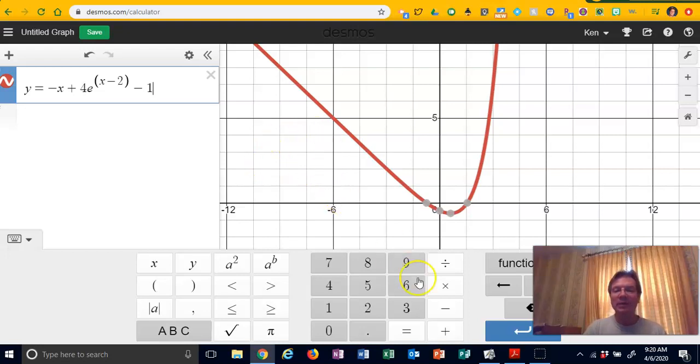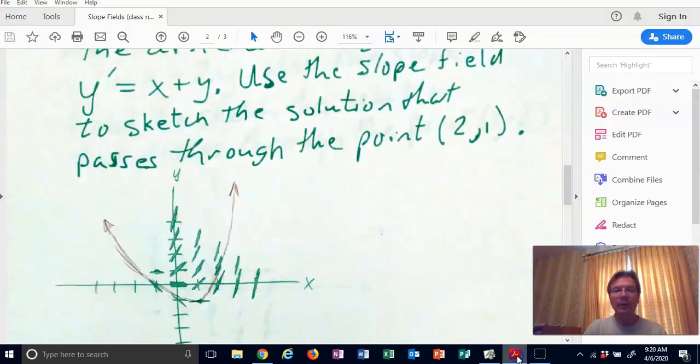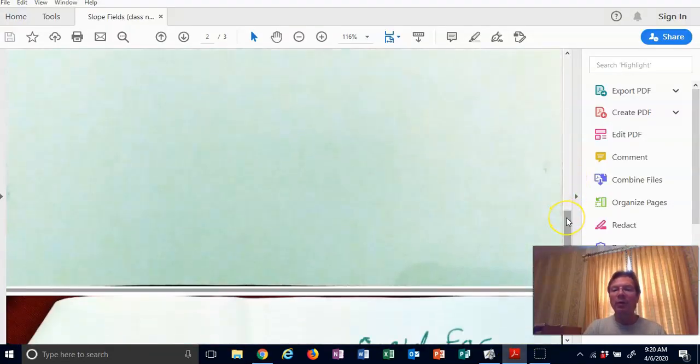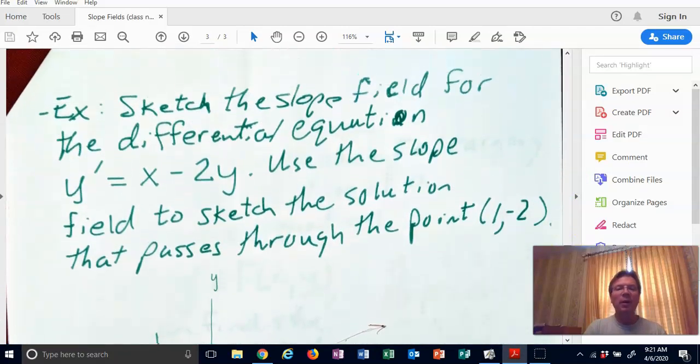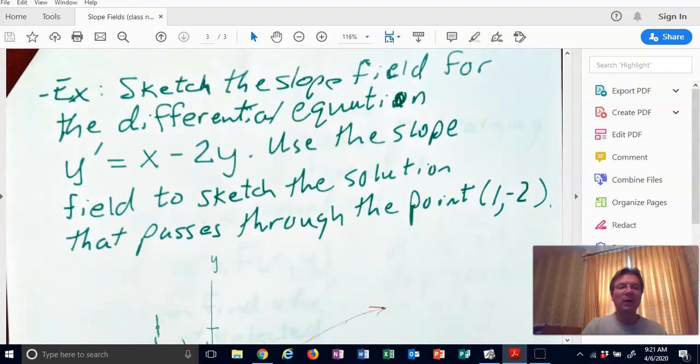Now, last thing here is, and you can probably do this one on your own to see if that's what you would get. Here's the second problem. And the only difference here is you have a different differential equation. So my differential equation is y prime equals x minus 2y. You'd still do the same type of thing.